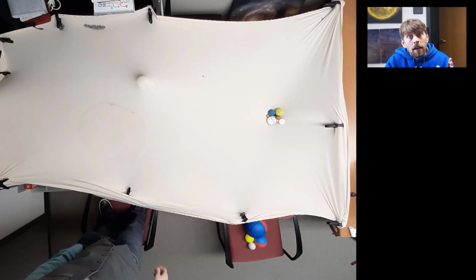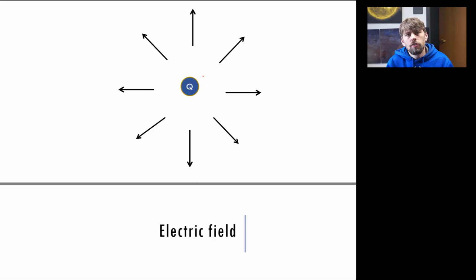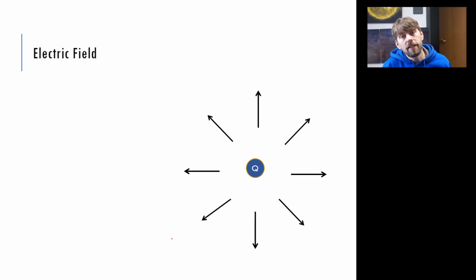Now that's the idea that we're going to pursue, the idea that there's some sort of quantity that just depends on this central charge and does not depend on the test particle itself. And indeed, as the title of the slide would suggest, that is what we refer to as the electric field.